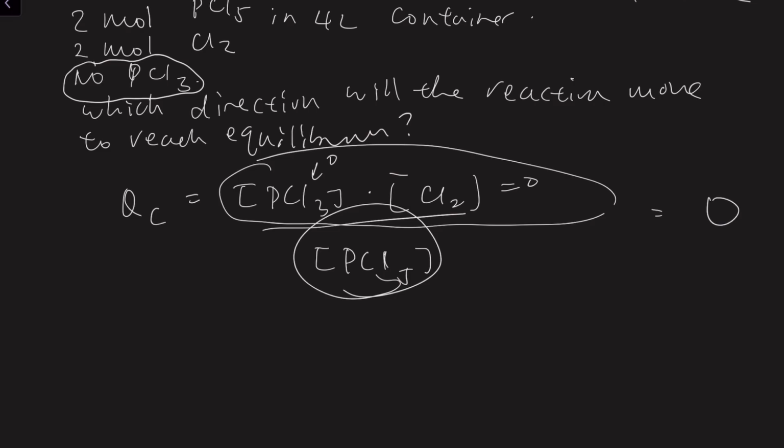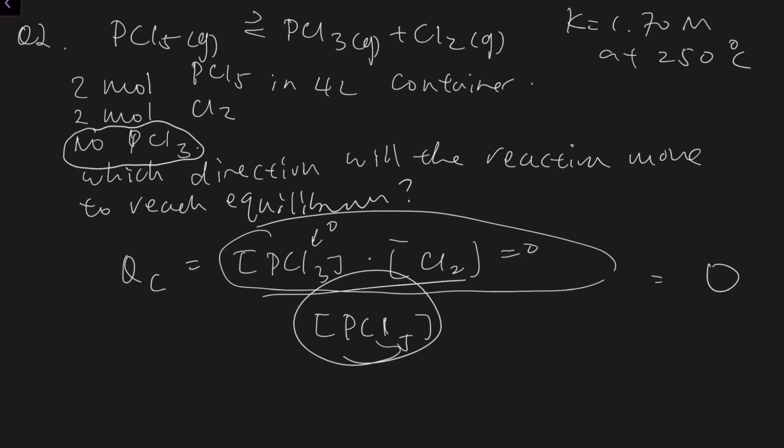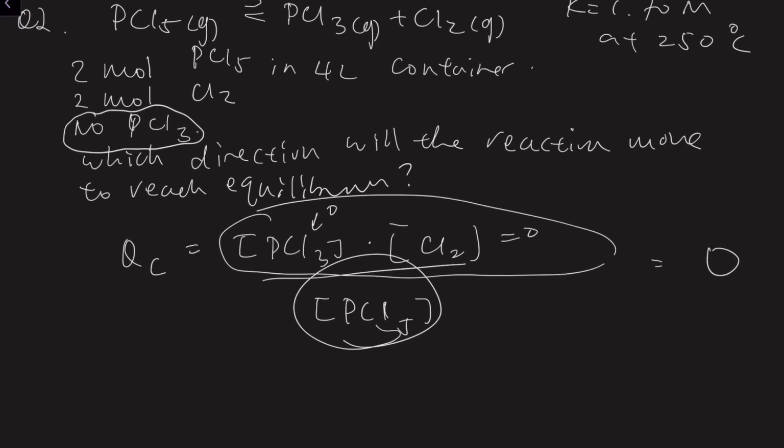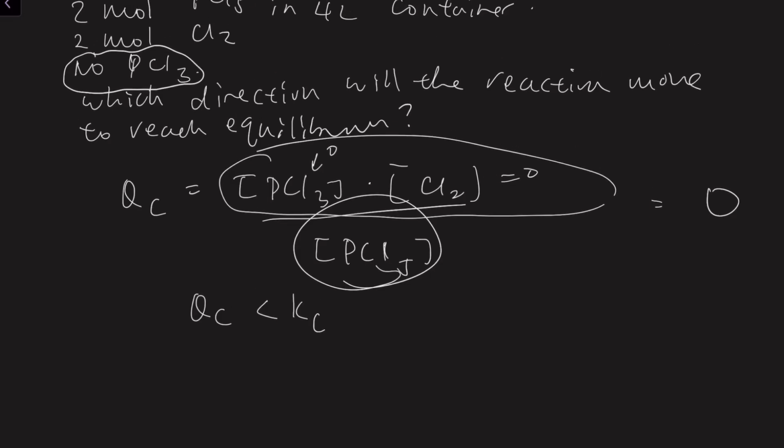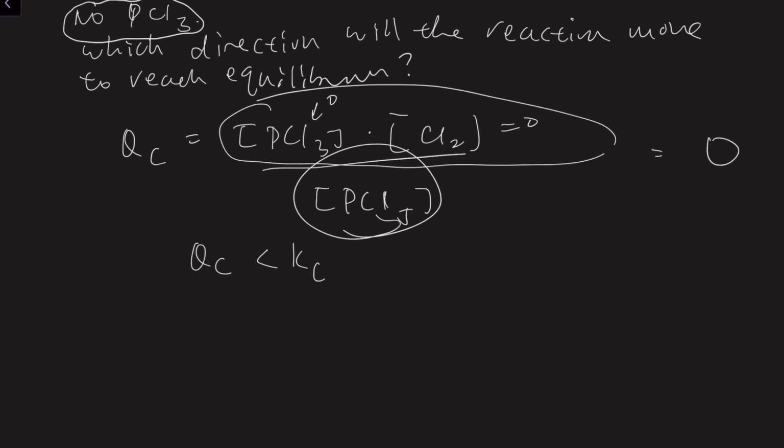So the concentration fraction is actually 0. And when we compare QC with KC, we know that 0 is less than 1.7. So in this case, we have too little product, and so we will favor the forward reaction.